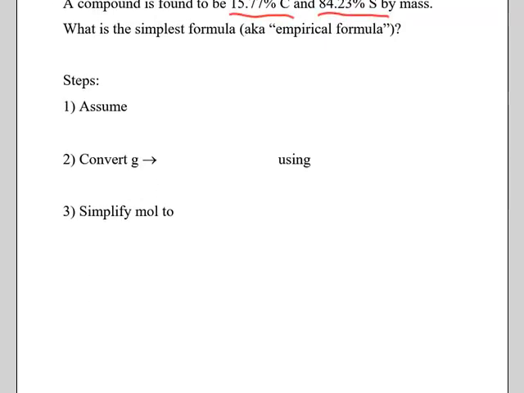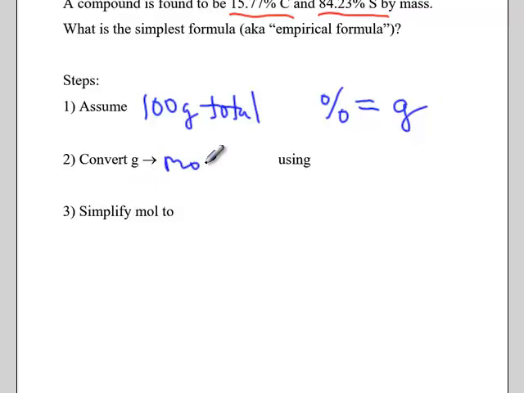And you're going to go through the same 3 steps when you have a problem like this. Step 1, assume you have 100 grams total. You could choose a different amount, but the nice thing about choosing 100% is whatever the percent of the element is, the percent is automatically the same as the number of grams. Step 2, turn those grams into moles.